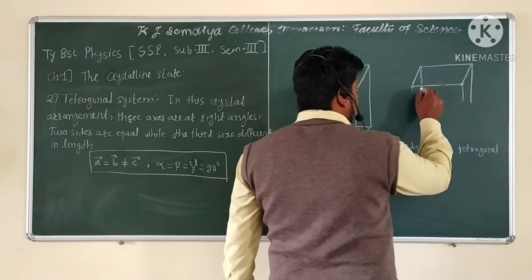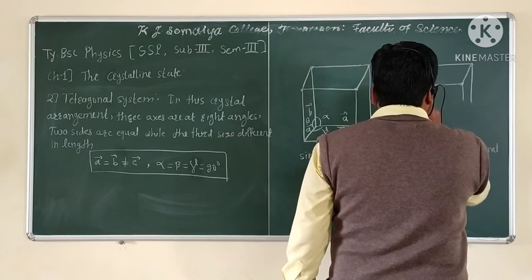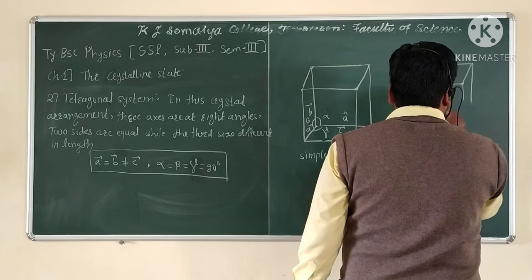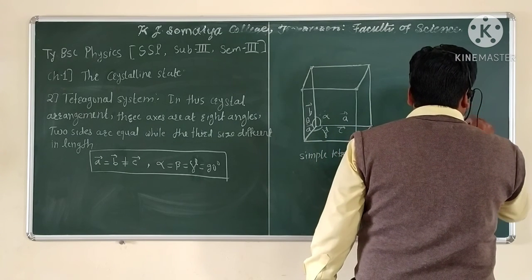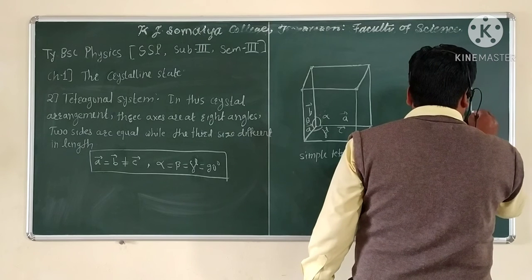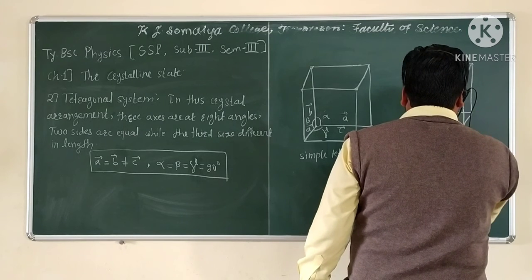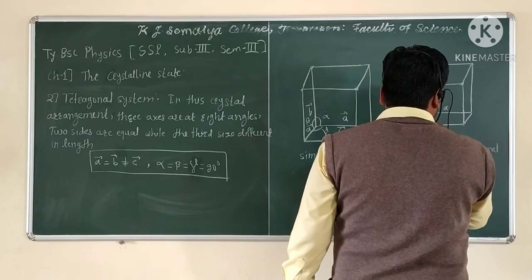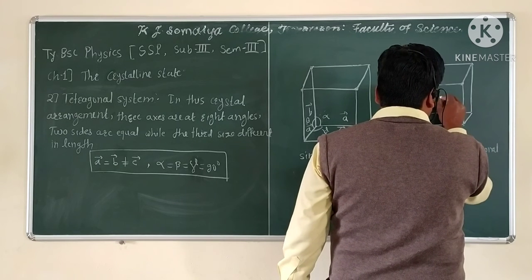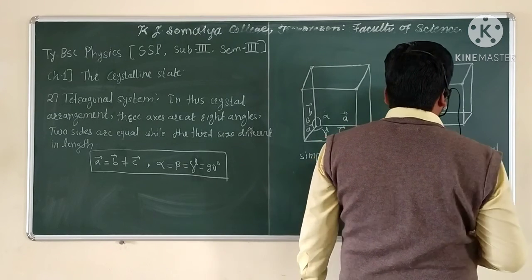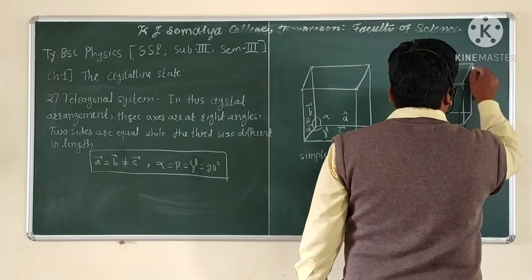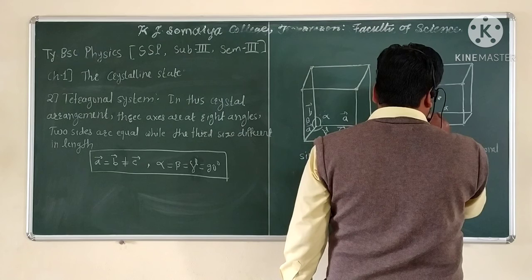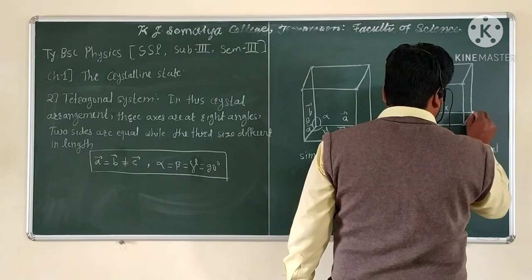because you have to know the main condition here: two sides are equal, and the third side is different from the others, and the angles alpha, beta, gamma are 90 degrees, and lattice points at each corner have identical surroundings, and one lattice point is in the middle of this.